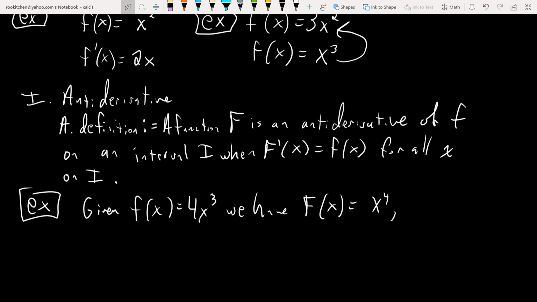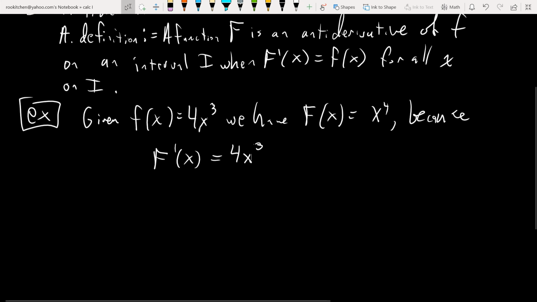Why? Because if you take the derivative of big F, you'll end up getting little f, which is basically the definition. Bring down the 4, x, 4 minus 1 is 3. Okay, there's actually more than one antiderivative here, which is kind of weird.